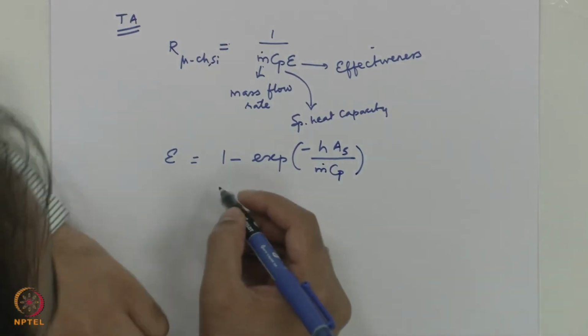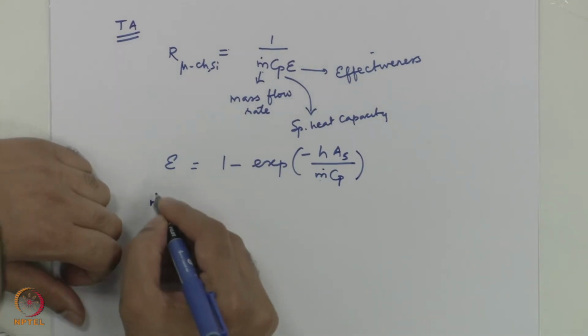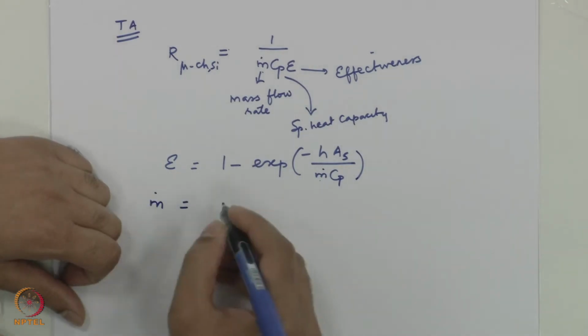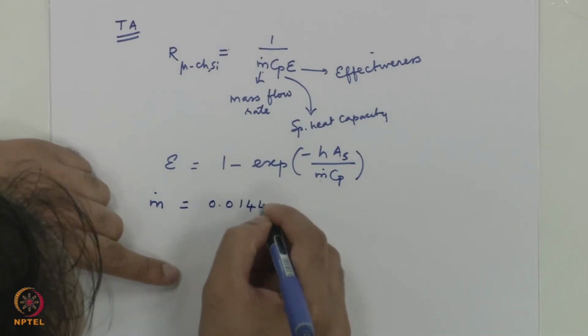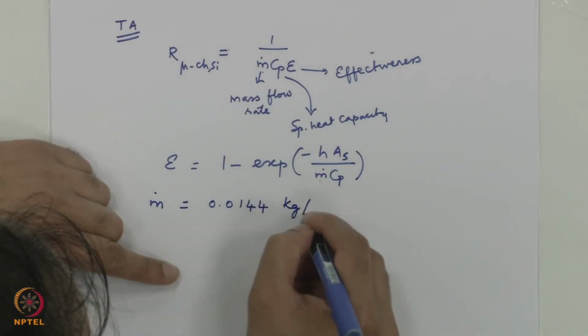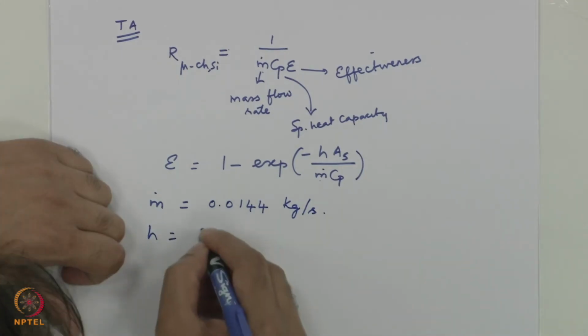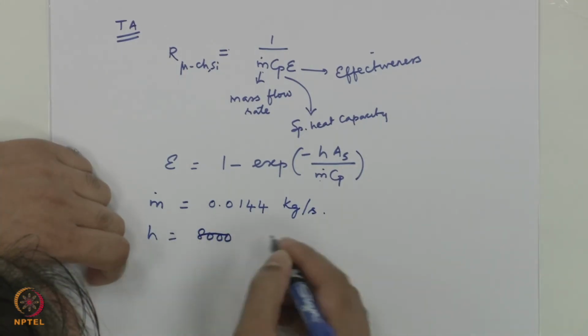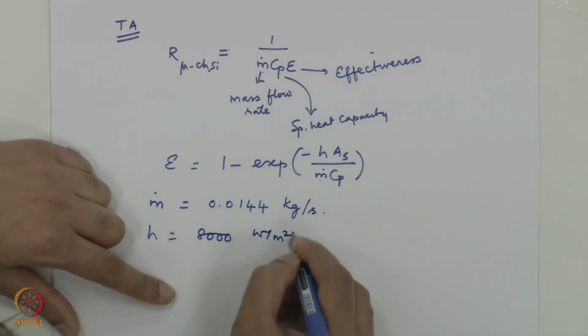M dot, the mass flow rate, is specified already in the problem. The heat transfer coefficient is also specified, about 8000 watt per meter square Kelvin.